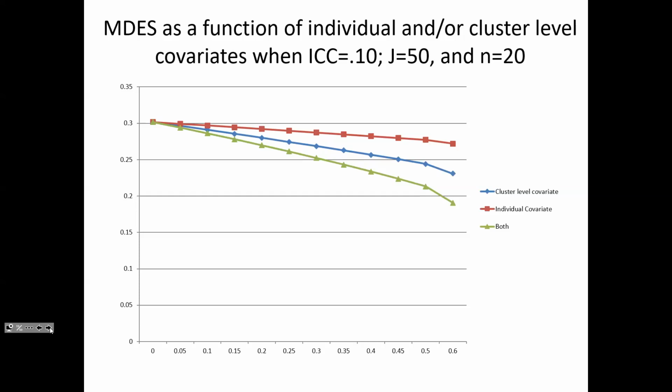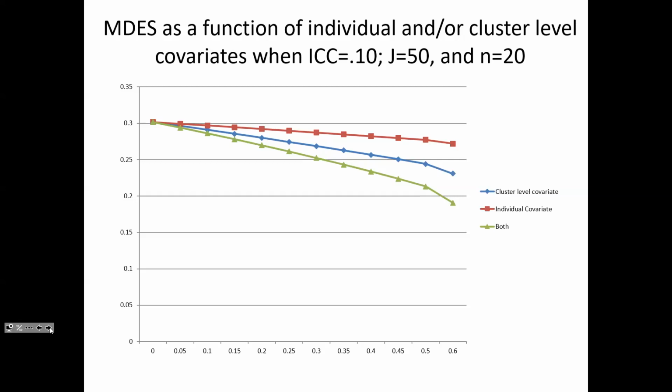Let's start with individual. If you've got an individual level covariate that explains like 60% of the variance, right? It's your MDES, so lower is giving me more power. My MDES is falling, right? It goes from 0.3 to about 0.27. But if I had a cluster level covariate of 0.6, look what happens.